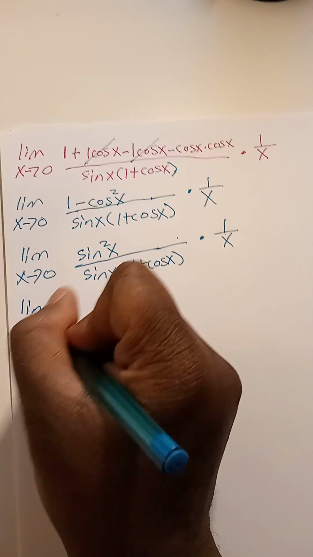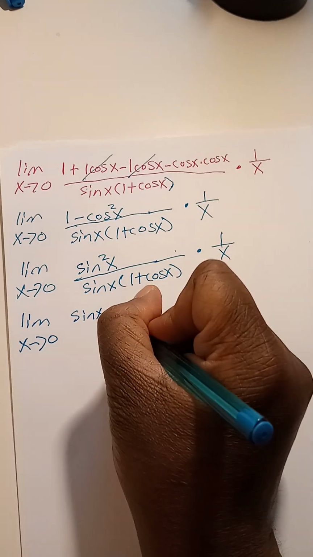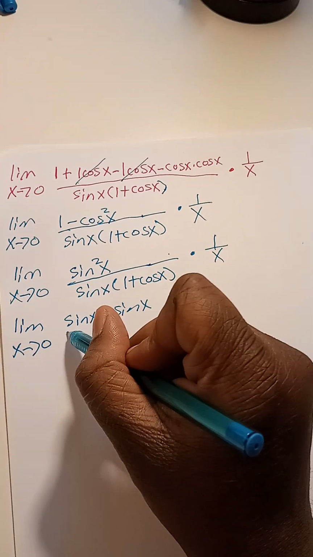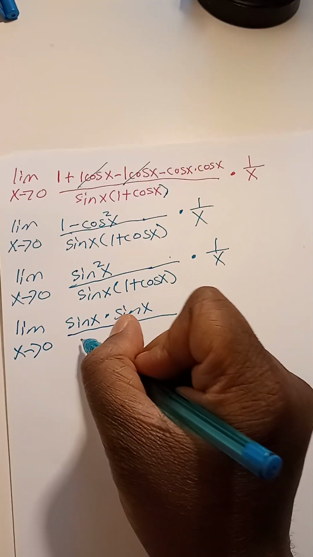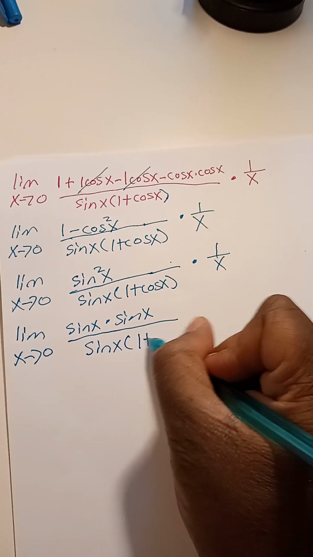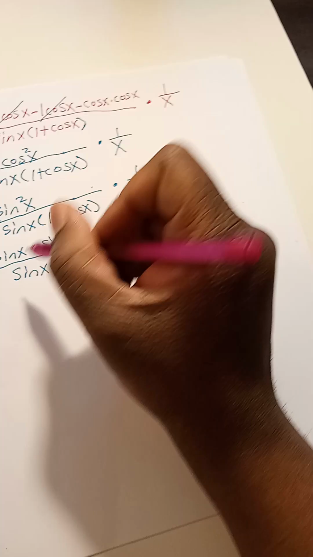So the limit as x goes to 0 of sine x times sine x, all over sine x times 1 plus cosine of x, multiplied by 1 divided by x. And we see here that a sine x will cancel out.